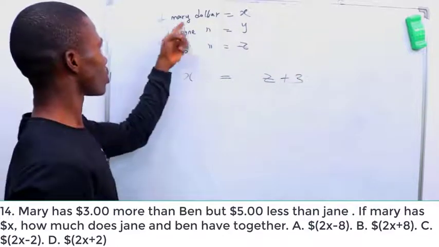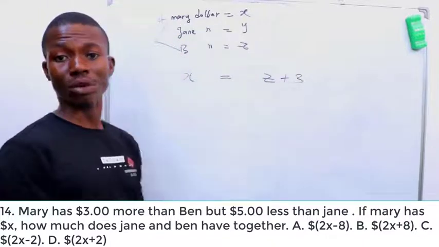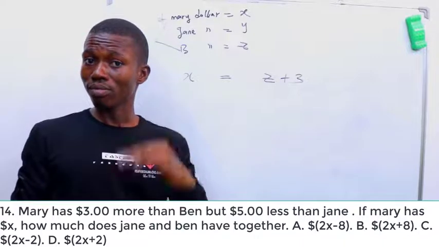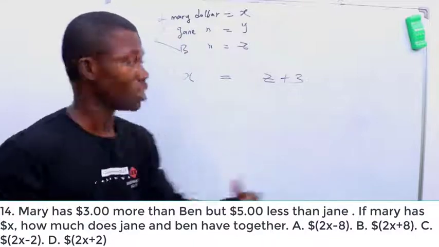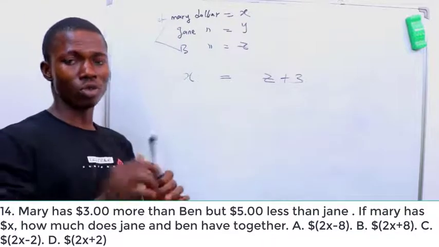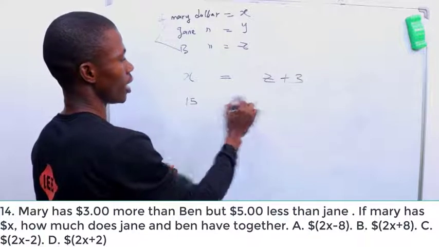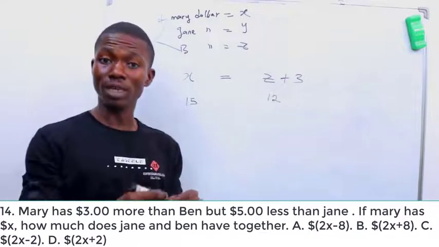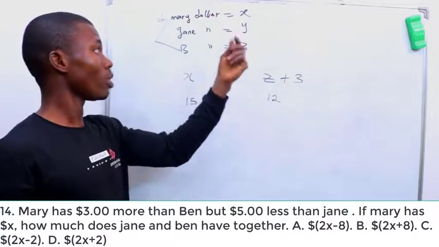I want you to understand this. Assuming Mary has 15 and Ben has 12, that validates that Mary has $3 more than Ben.